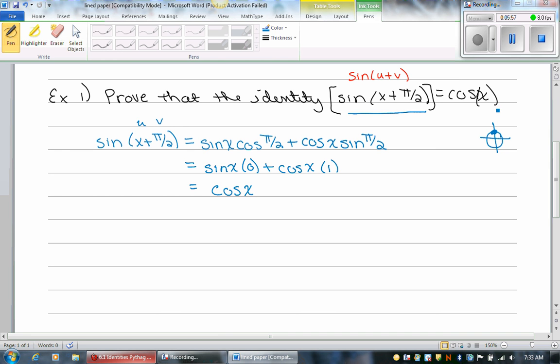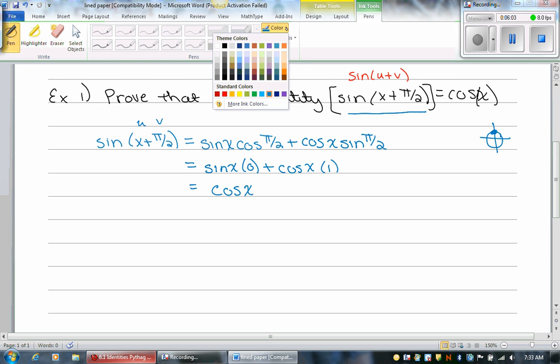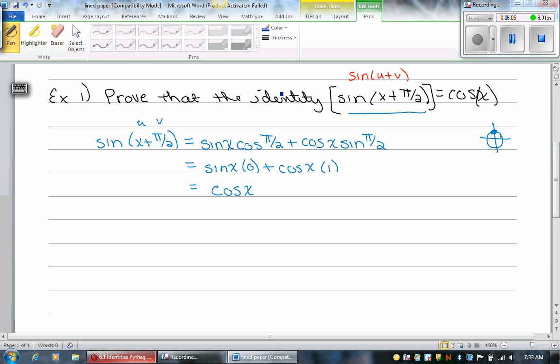All right, so we do have 4 more cofunction identities that we also need to have recorded, so please make sure that these also get recorded. We have sine of x plus pi over 2 equals cosine x, and sine of x minus pi over 2 equals negative cosine x.